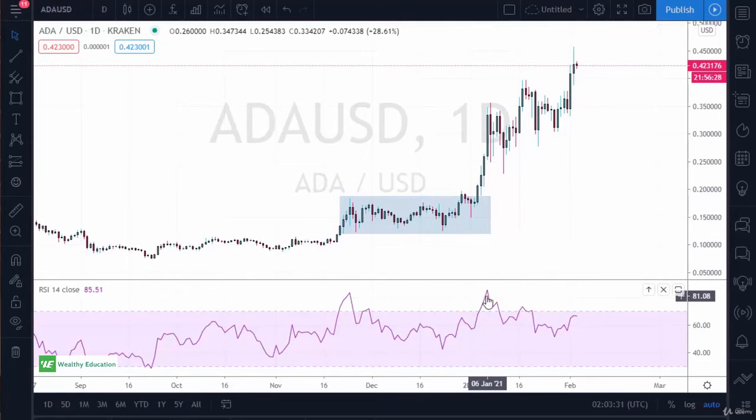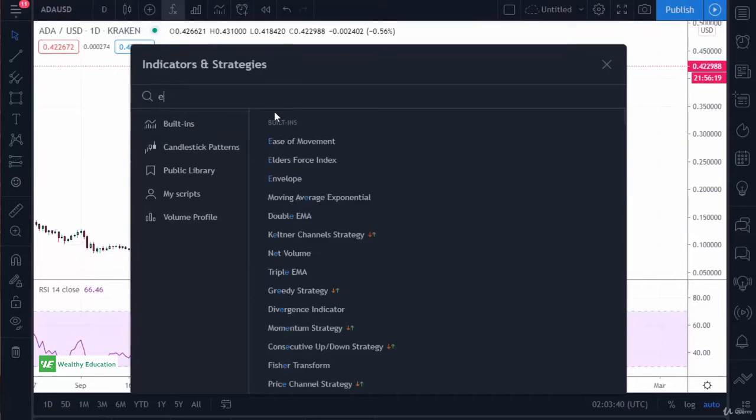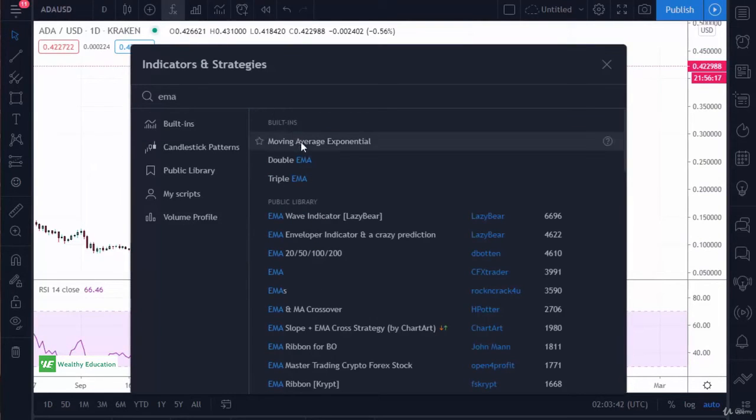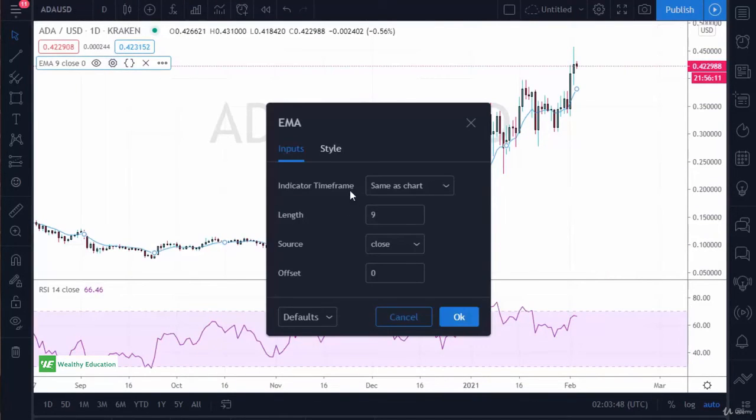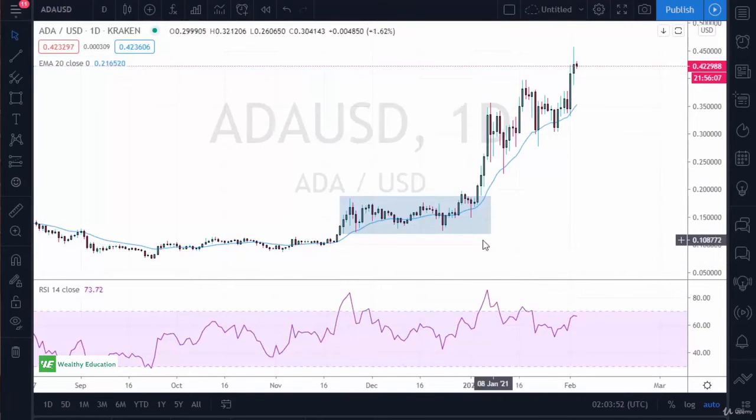And once we broke out, we went parabolic, not a huge surprise. You can also put the good old trusty EMA here. It's a daily chart. You could use the 9. Again, I like using a little bit higher numbers on daily time frame and the like. You can see it's held up quite nicely. Cardano certainly made the projected move and much further.